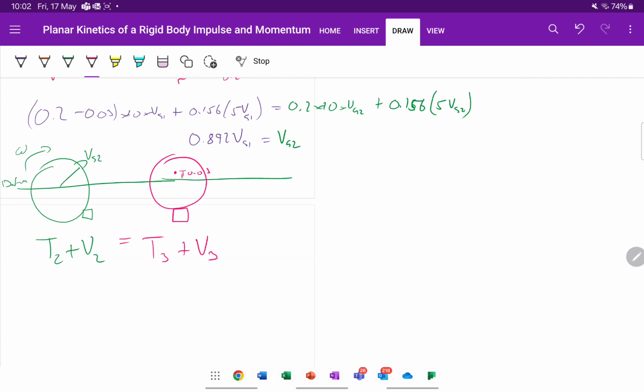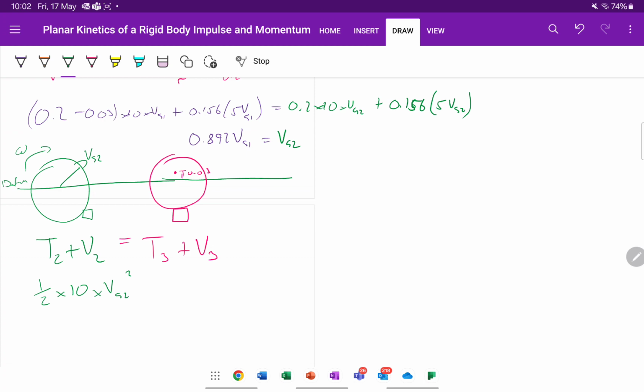So substituting in some values for our kinetic energy and our potential energy. From our green diagram, we're going to have a half times the mass times Vg2 squared.